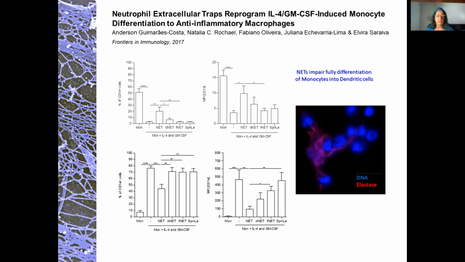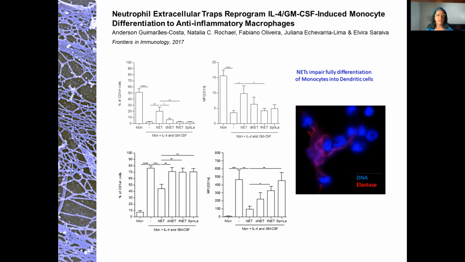And we did this because it's very important for leishmaniasis, the differentiation of monocytes that are being attracted to the sandfly bite site into dendritic cells to present the parasite antigens and develop a protective immune response.